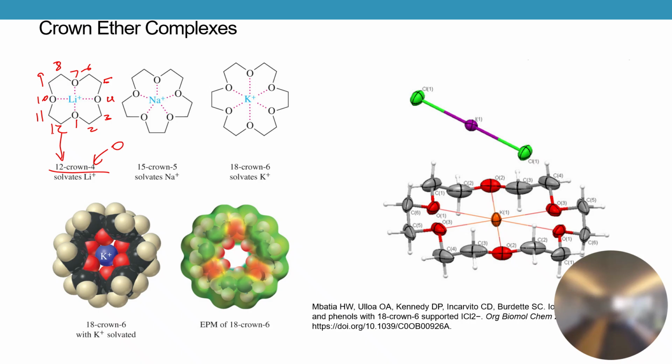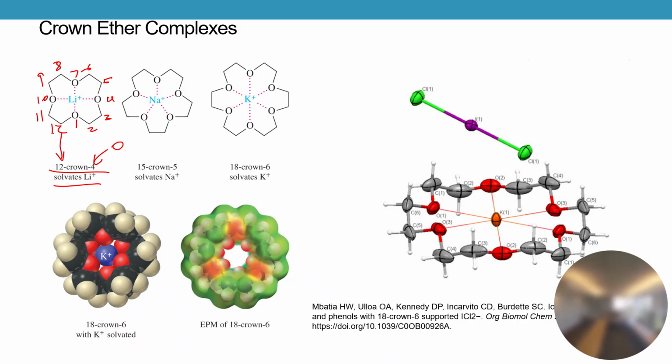So there's a 12-crown-4 here that is solvating a lithium ion, a 15-crown-5 that is solvating a sodium ion. And lithium is smaller than sodium, so we need a bigger crown for the sodium. And then potassium is bigger than those other two, so we need an even bigger crown, the 18-crown-6. So there are 18 atoms and 6 oxygens solvating that potassium cation.